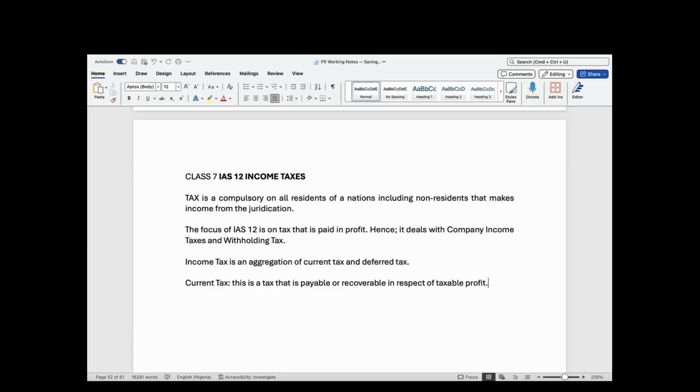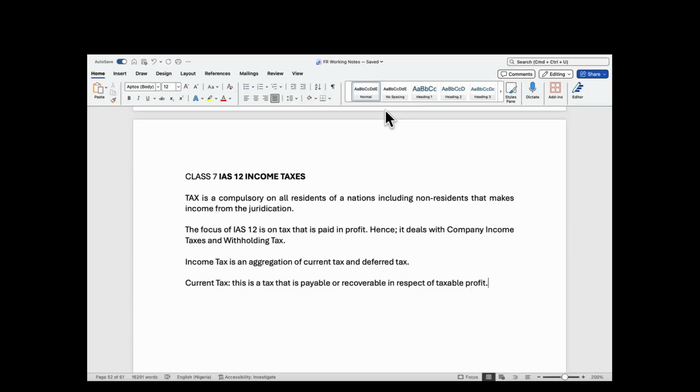So any tax that you pay or any tax that you can recover on your taxable profits, that is your current tax.